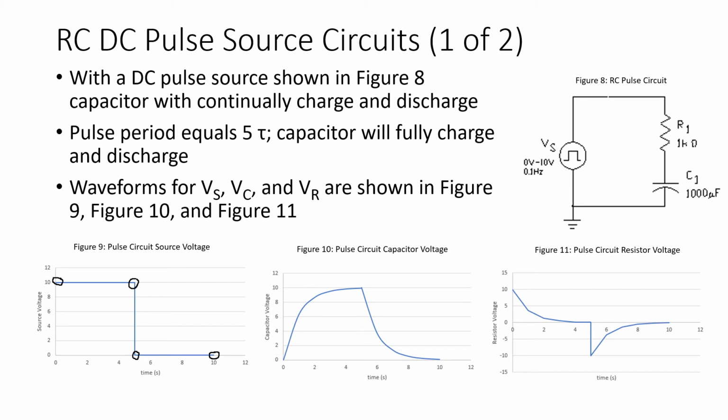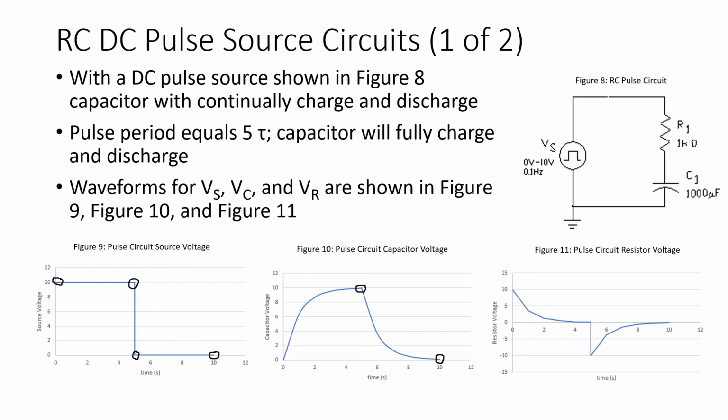Again, we assume the capacitor is initially discharged, and the capacitor will charge up to 10 volts through the period of 5 time constants. Then when the pulse source goes to 0, the capacitor will discharge, and the capacitor voltage reduces to 0 volts through the period of 5 seconds or 5 time constants.